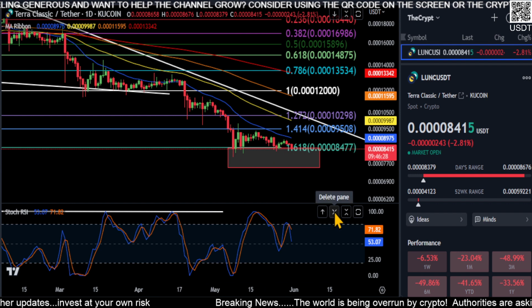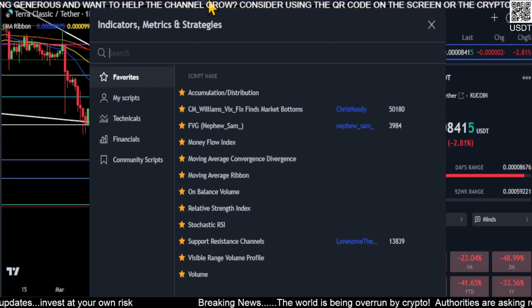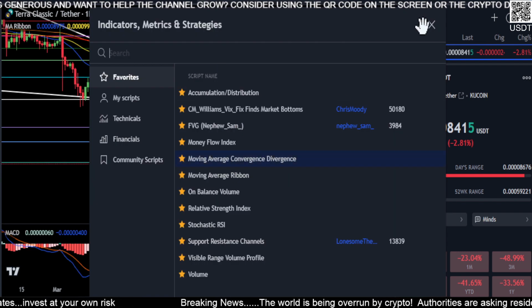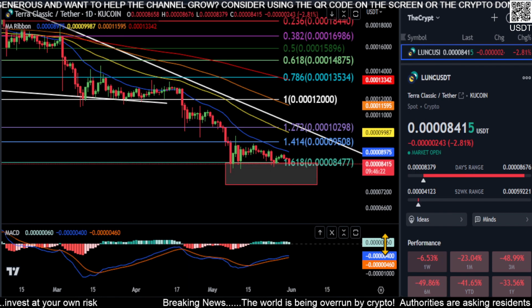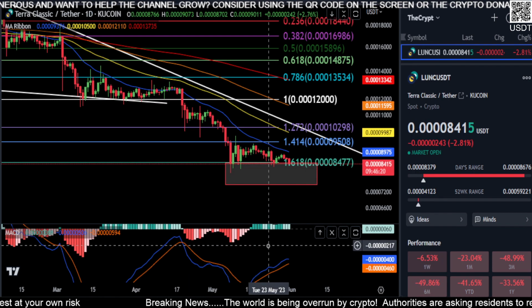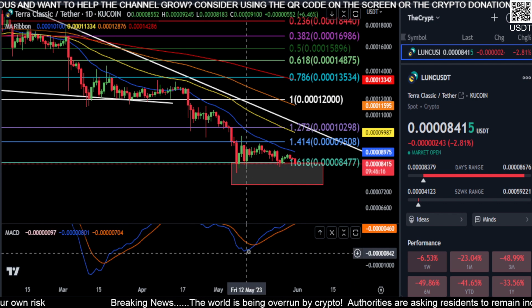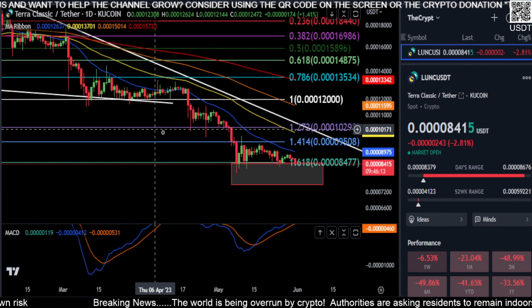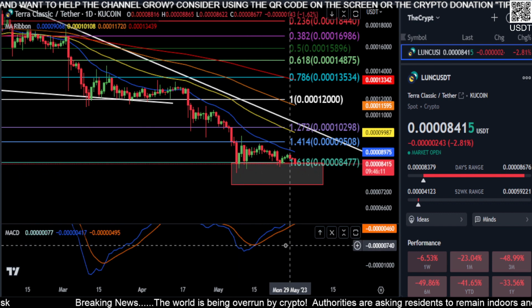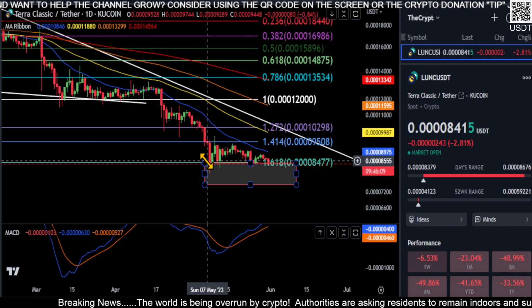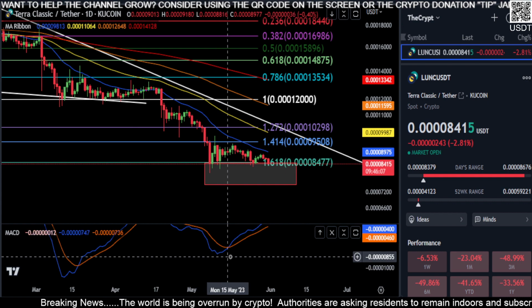So let's get rid of the stock RSI here. Let's bring up the MACD now. And we also have bullish divergence on the MACD. You can see the MACD is going up and the price is going down here. And then most recently in this last month of May, the price is flat, MACD is going up.